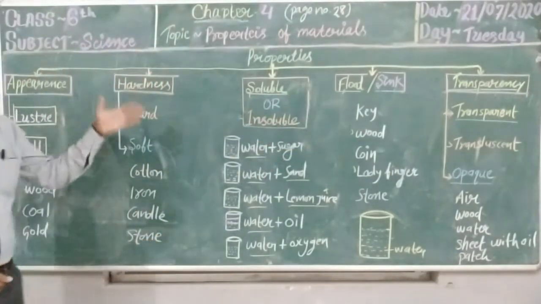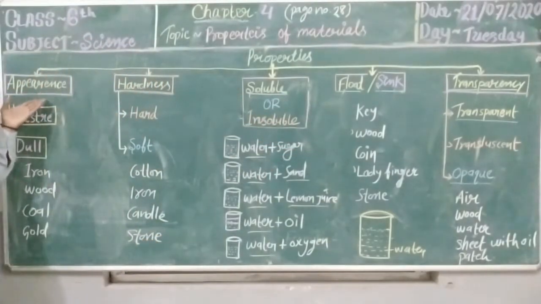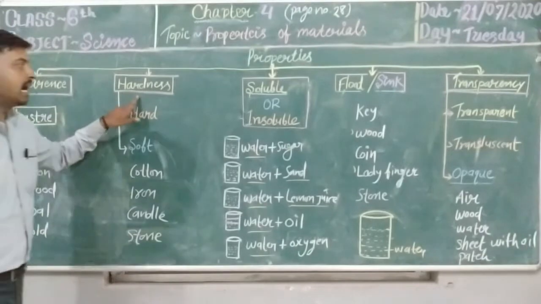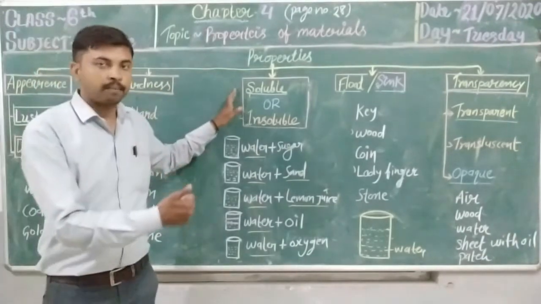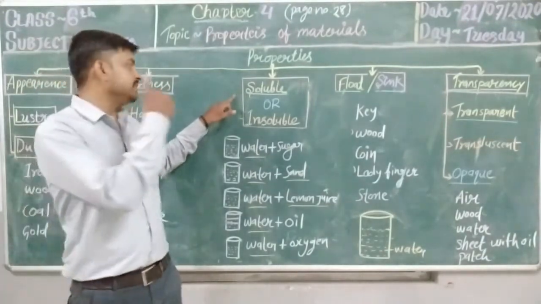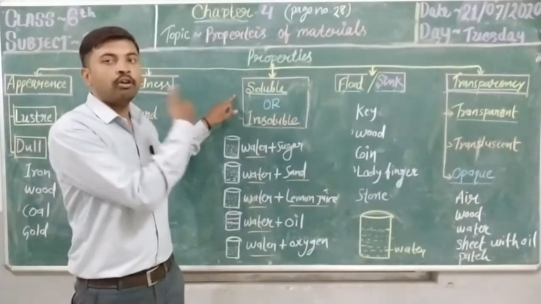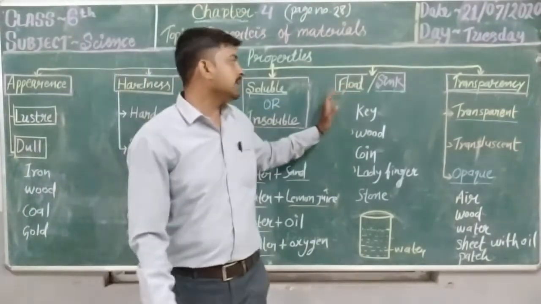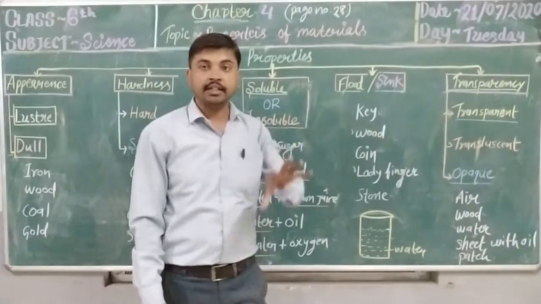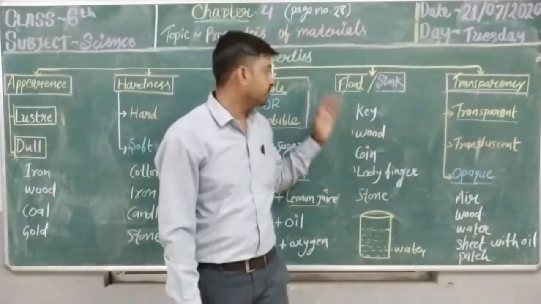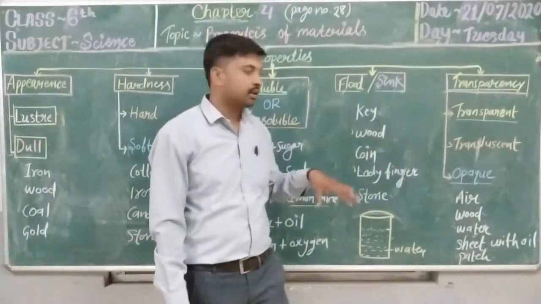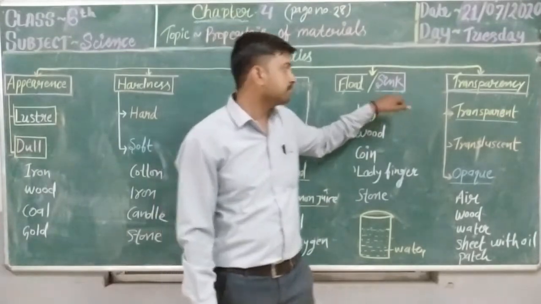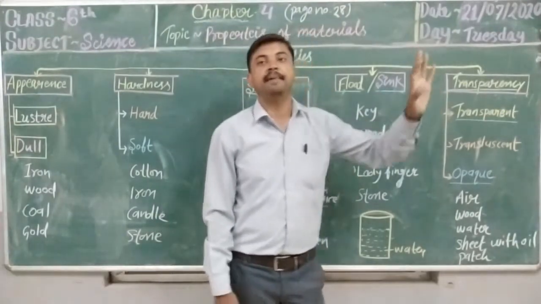First is appearance, second is hardness, third is solubility: we see whether a material is soluble or insoluble in water. The next property is float or sink in water. Sink means dip. And the last one is transparency.